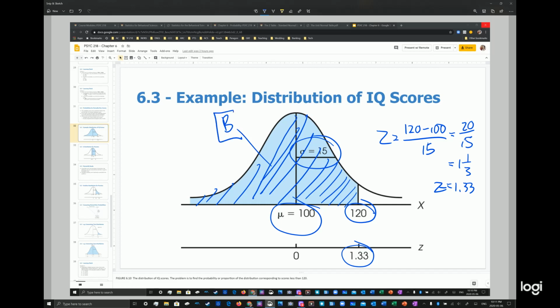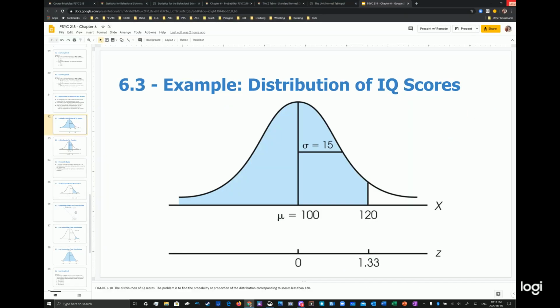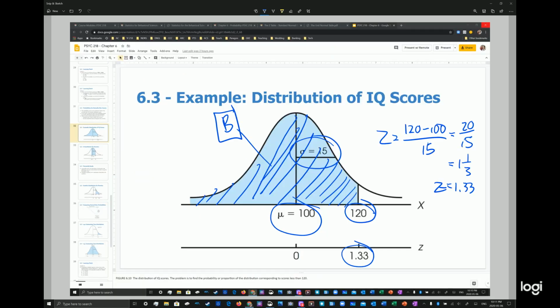So we look for column B. And if we look for this in our unit normal table, which is right here, we find 1.33, and when we look for the body, that is 0.9082. So the proportion here is 90.82%. And that is the probability of a z-score being less than or equal to 1.33, which is 90.82%.